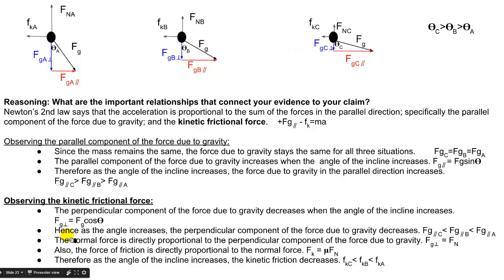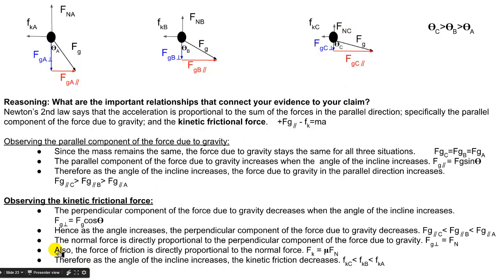Hence, as the angle increases, the perpendicular component of the force due to gravity decreases, just like we said. The normal force is directly proportional to the perpendicular component of the force due to gravity. But because all of these perpendicular components decrease as the angle increases, the normal forces also decrease.